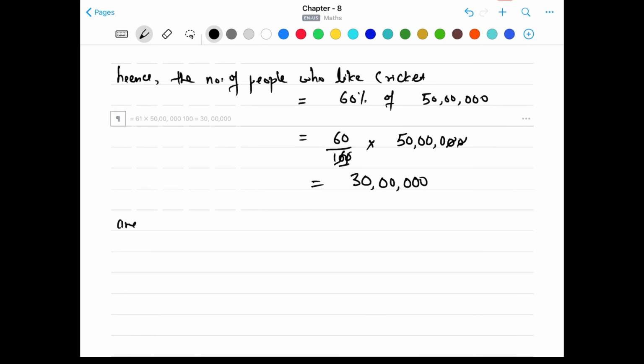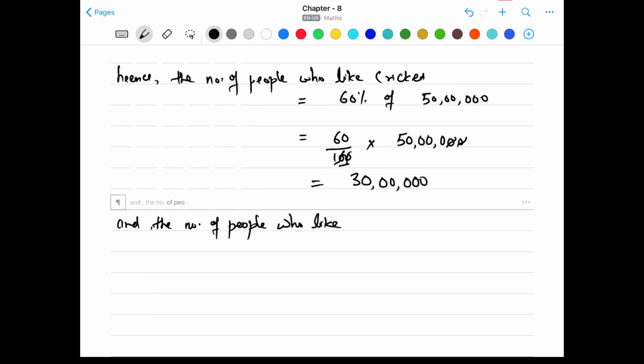So there are 30 lakh people who like cricket. Then the number of people who like football is equal to 30% of total number of people, which is 50 lakh.